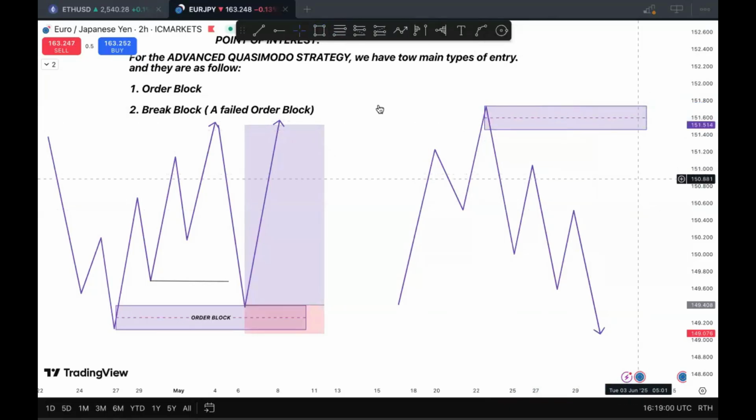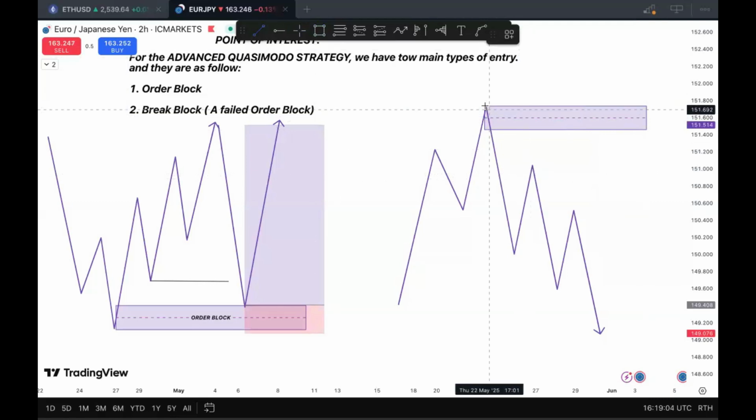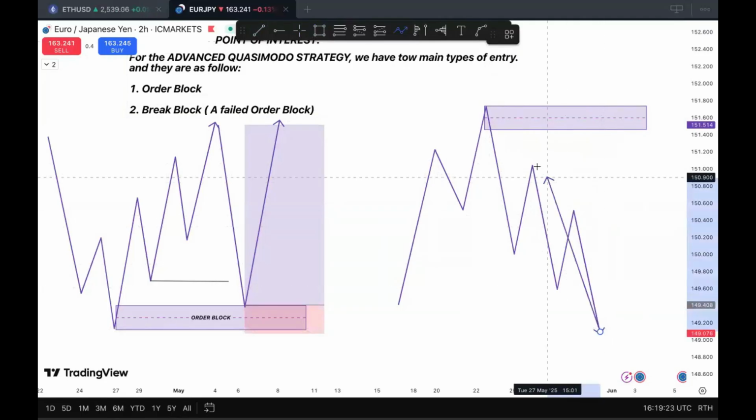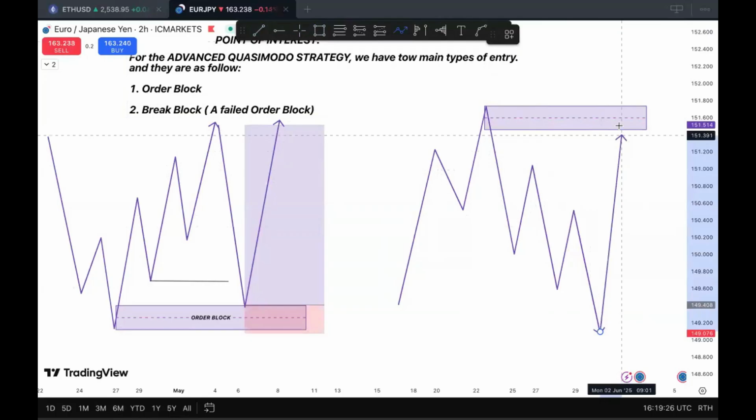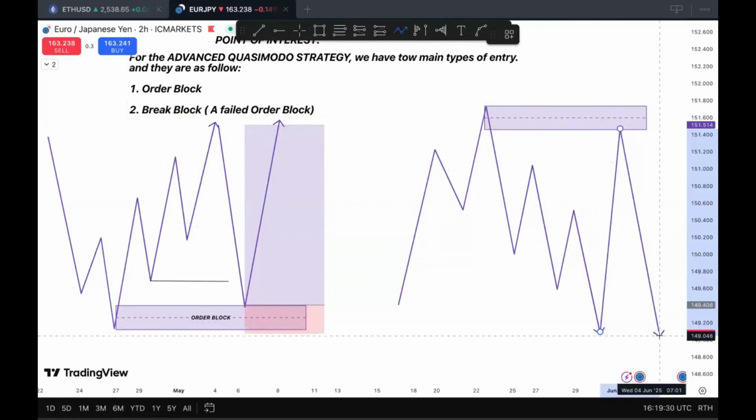If this is our POI, remember, the main low is usually protected. This is the main low, so it's usually protected. So what price does is that price will come back, sweep this last low, and then touch the order block and then start selling.